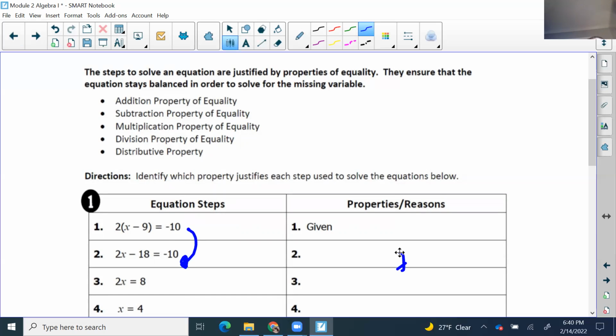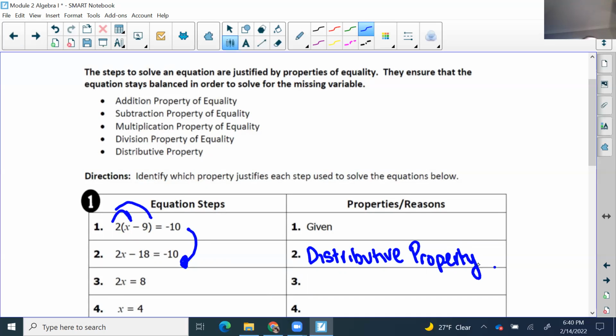Well, normally if I see parentheses, what I'm going to do is distribute. So that's exactly what I did. To get from step 1 to step 2, I utilized the distributive property. So the reason or justification for me getting to the next step is the distributive property.